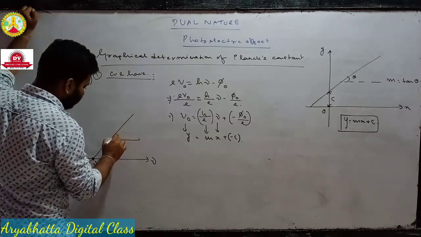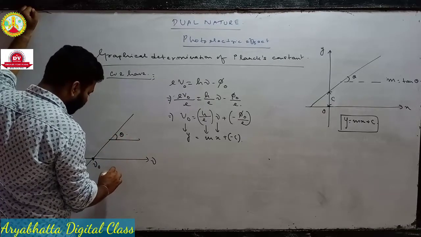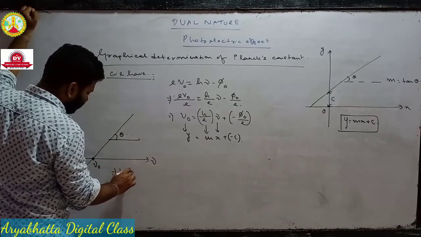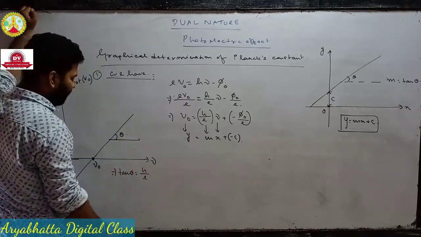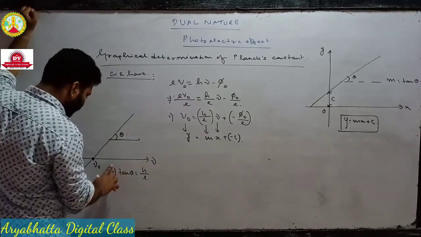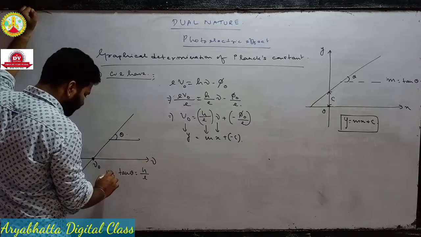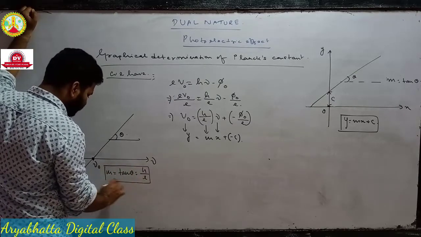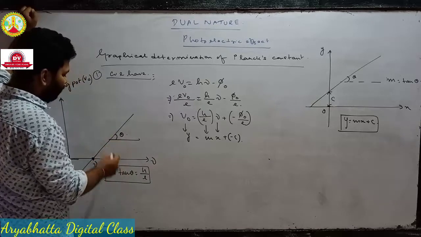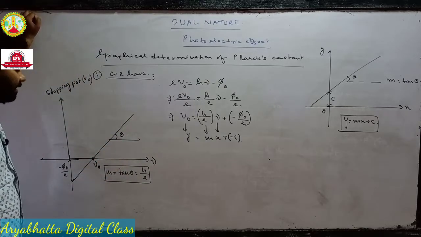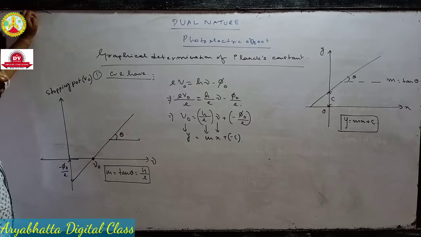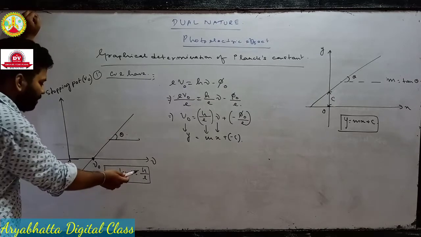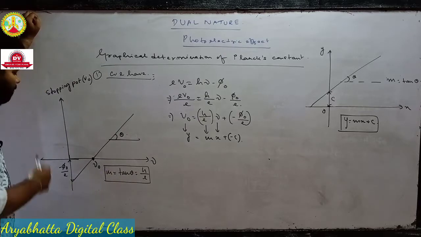So this is the theta. So here what will be the value of tan theta? Tan theta is nothing but m, and m is nothing but here h by e. So if you know the angle theta, and you know the charge of an electron, that is 1.6 into 10 to the power minus 19, so you can calculate the value of h from this graph.